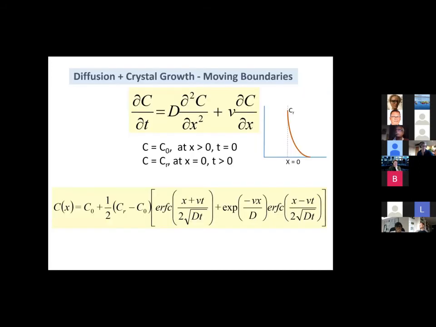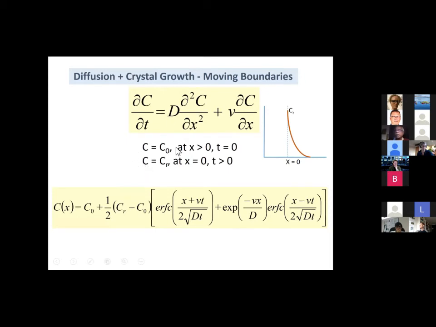So if you look at that situation mathematically, you end up with equations that look like that. Your diffusion law would have been this, and now you have a growth or dissolution that adds another term to the whole thing. The solution depends on the boundary conditions and so forth.